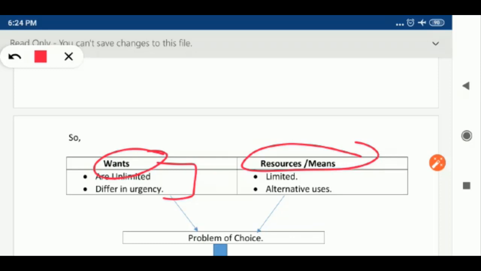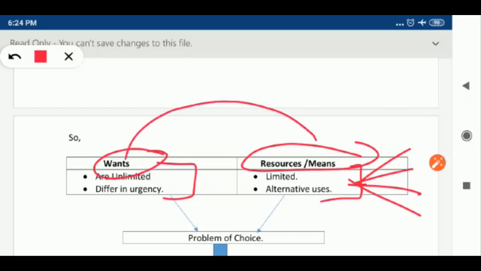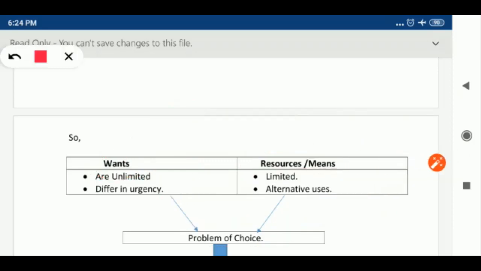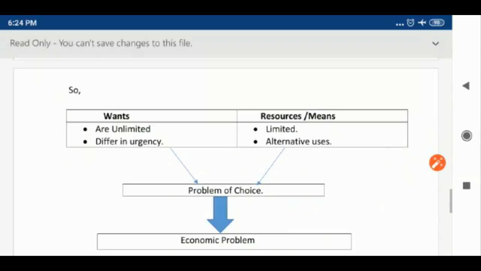Your resources are limited and can be put to alternative uses. After seeing these issues with wants and resources, the problem of choice occurs. Due to unlimited wants and different urgency, and due to limited resources and alternative uses, the problem of choice occurs.